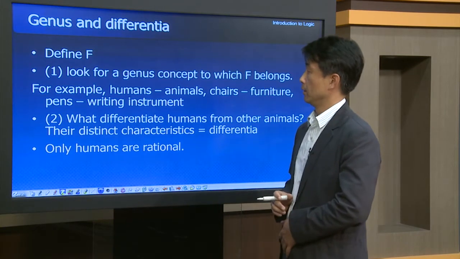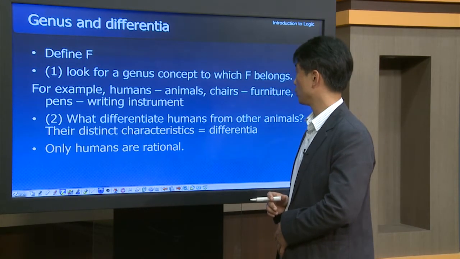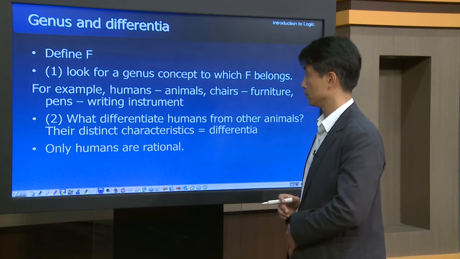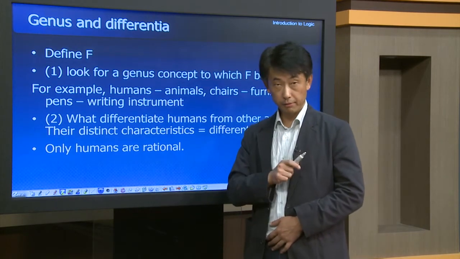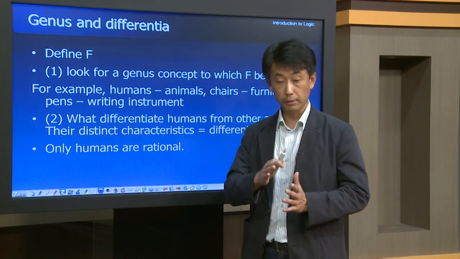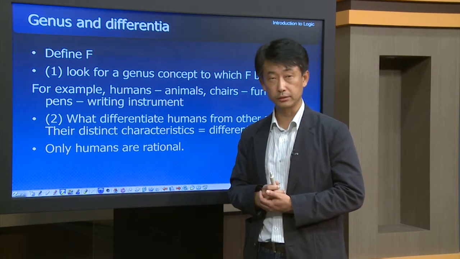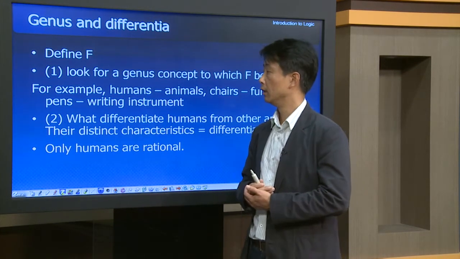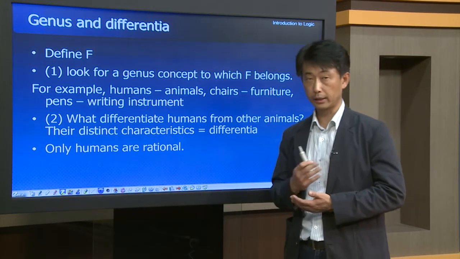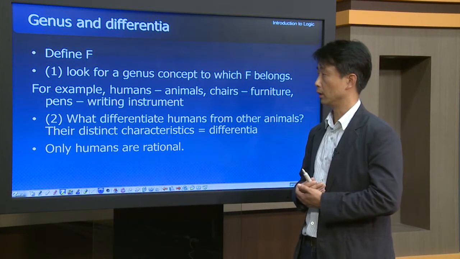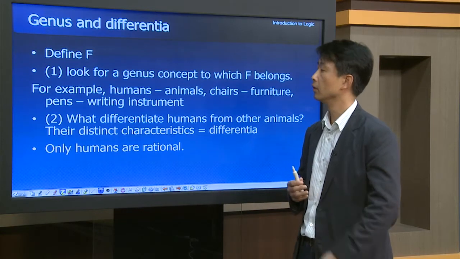First, look for a genus concept to which F belongs. In the previous chapter, we already learned the genus-species contrast. You remember? So we can use that now to define a term.